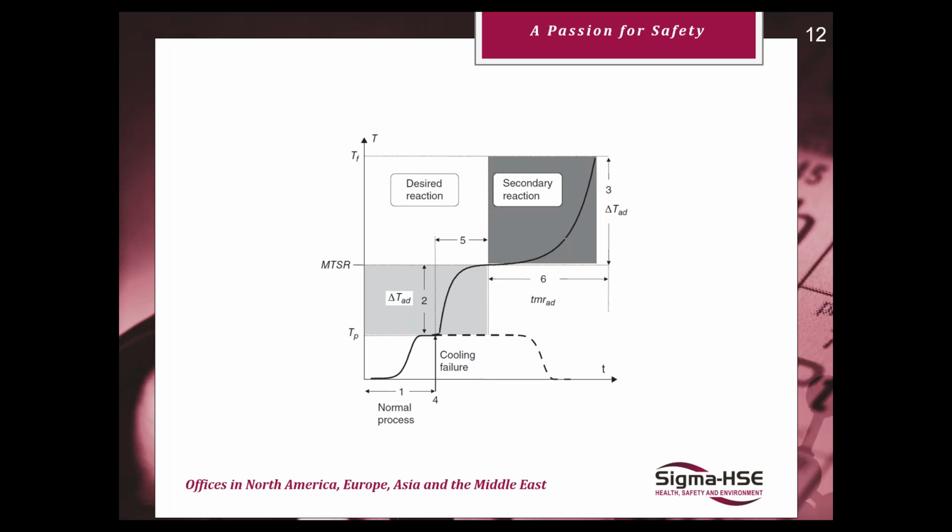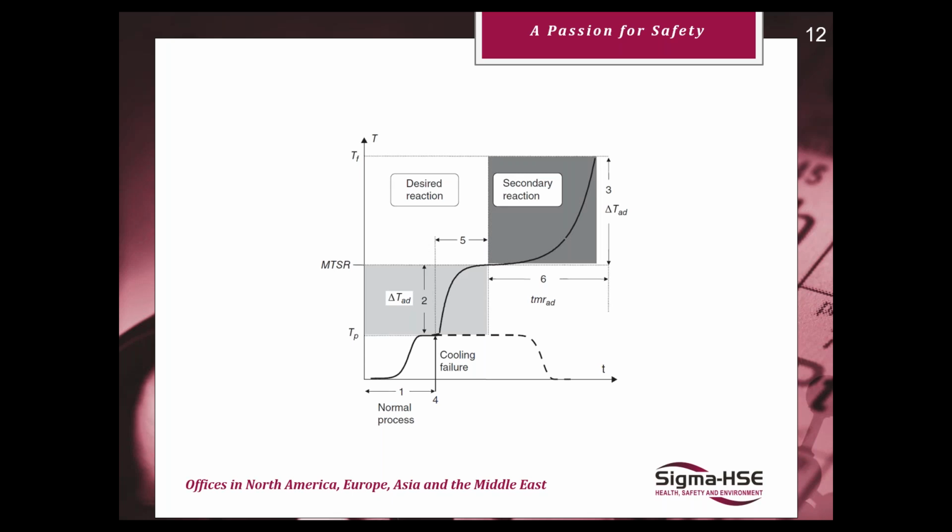Where we see the solid line deviate from the dotted line, this grey region is indicative of the reactor cooling failing, and your reaction proceeding exothermically, giving out heat and raising the temperature of the reaction mass itself.